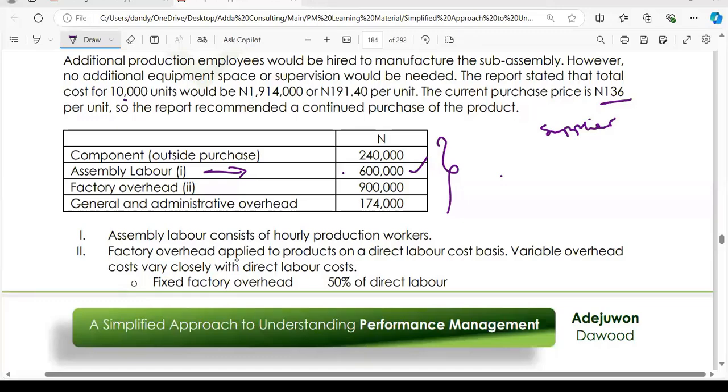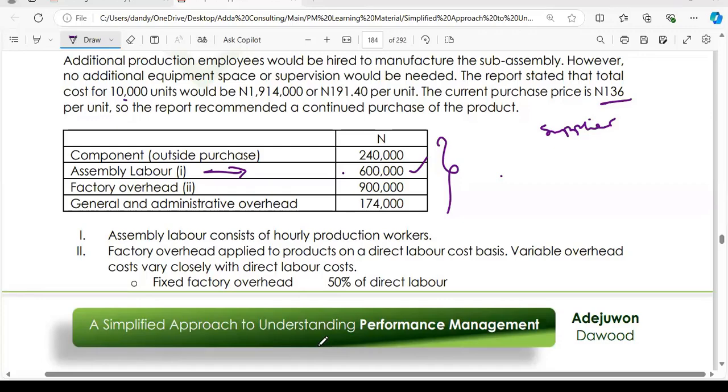Your labor cost now is no more 600,000. Per unit is no more 60 naira, rather, it is now 30.72 because you have applied the learning effects. The factory overhead, if the examiner has not explained the factory overhead, of course, it would be irrelevant.